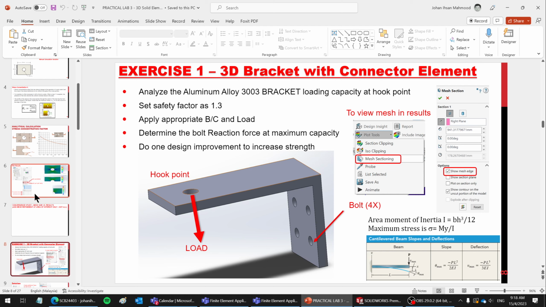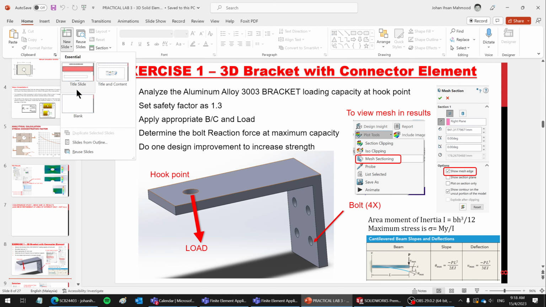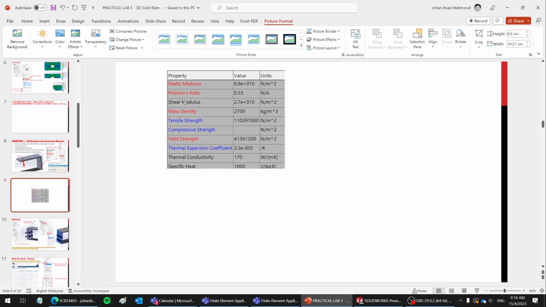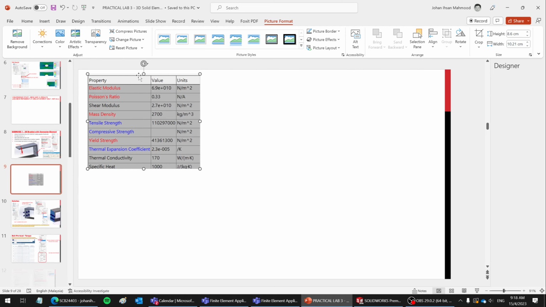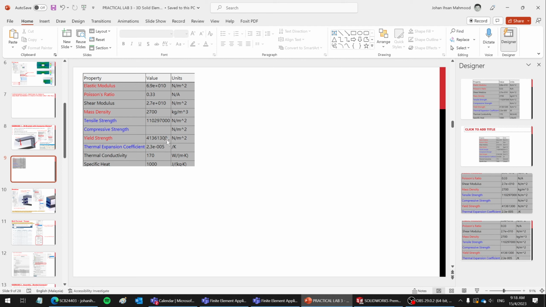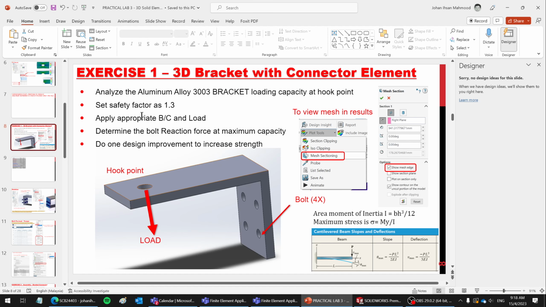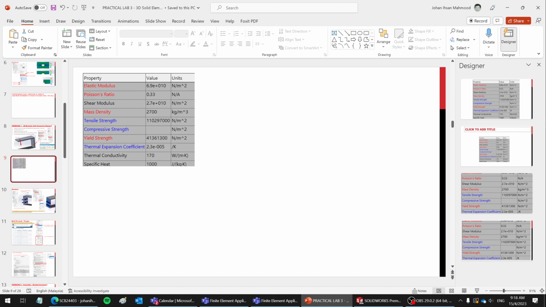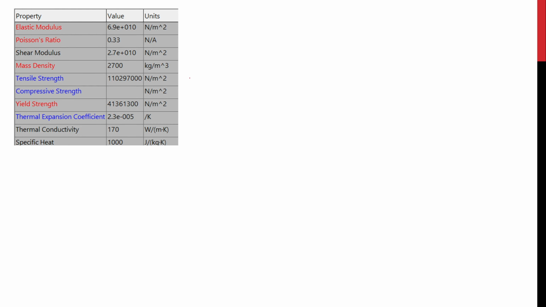As you work, maybe you want to put some information so that you can remember. So currently this is my material, and if you take note on the yield strength, it is about 41 megapascal. So we do not want to exceed yield strength of 41 megapascal. Since we are setting our safety factor as 1.3, let's do some calculation.